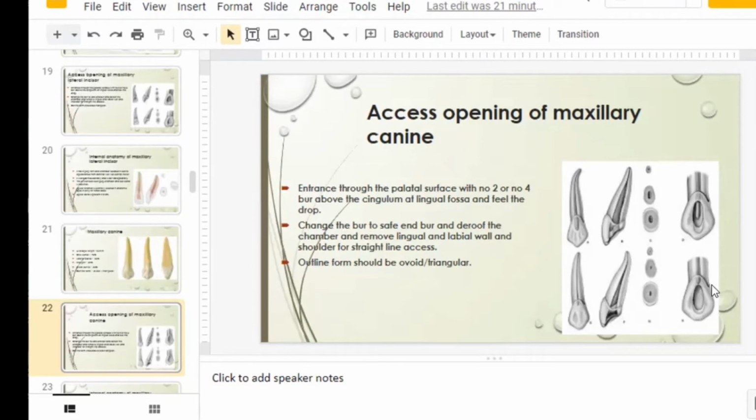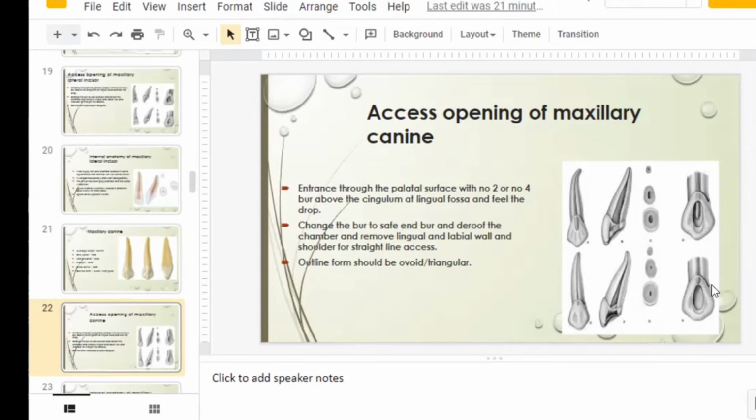When you use the safe-end bur, you should do the de-roofing. We have to de-roof in such a manner that it gets an ovoid or triangular shape. After that, the safe-end bur is used for smoothing of the walls, so that the dentinal map is clearly visible.